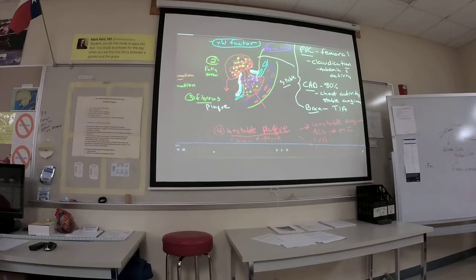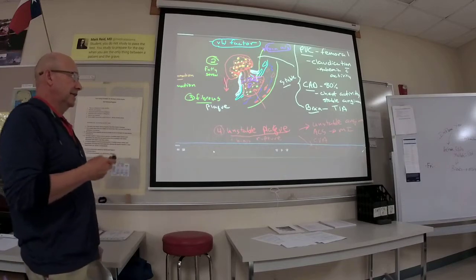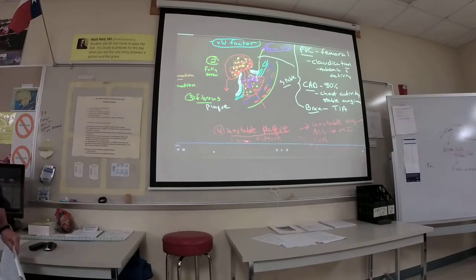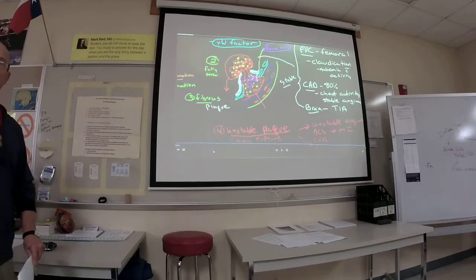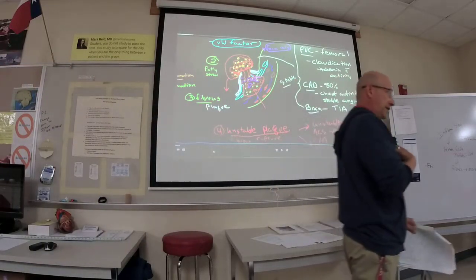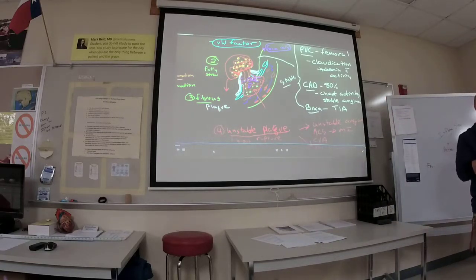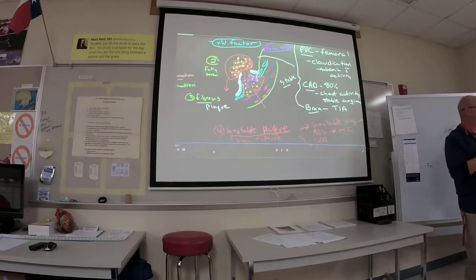So it's unstable. In the heart, since we're talking about cardiac physiology, you get unstable angina, where now this patient that is at rest is starting to have the chest pain. Right? Or when they're asleep, they start having chest pain and they're awakened from the sleep. That's the time to go to the ER.